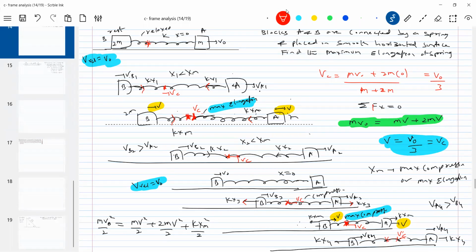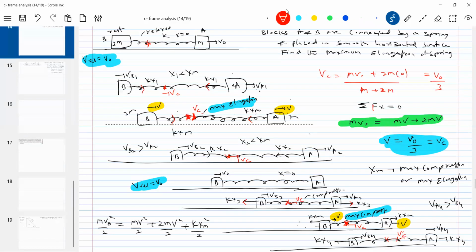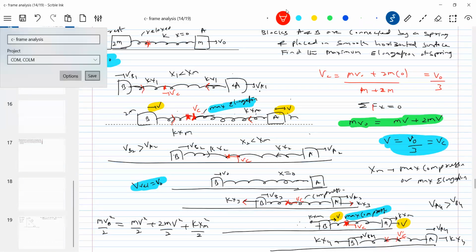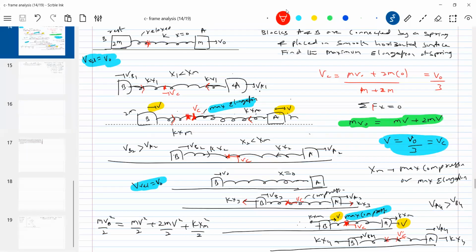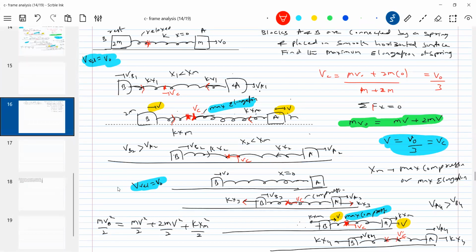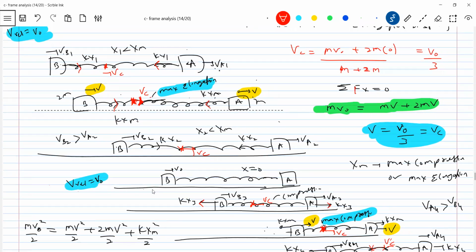In the C frame, what will happen to this? I'll go to the C frame. Now in the C frame, how to do this problem?